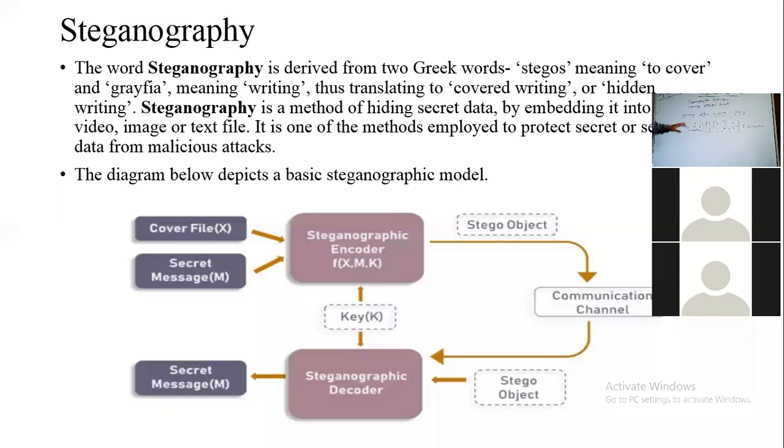Okay, what does it mean? This means let us take the first block, that is enemy, E N E M Y, and let's number these letters as 1 2 3 4 and 5. Okay, we number the letters like this.